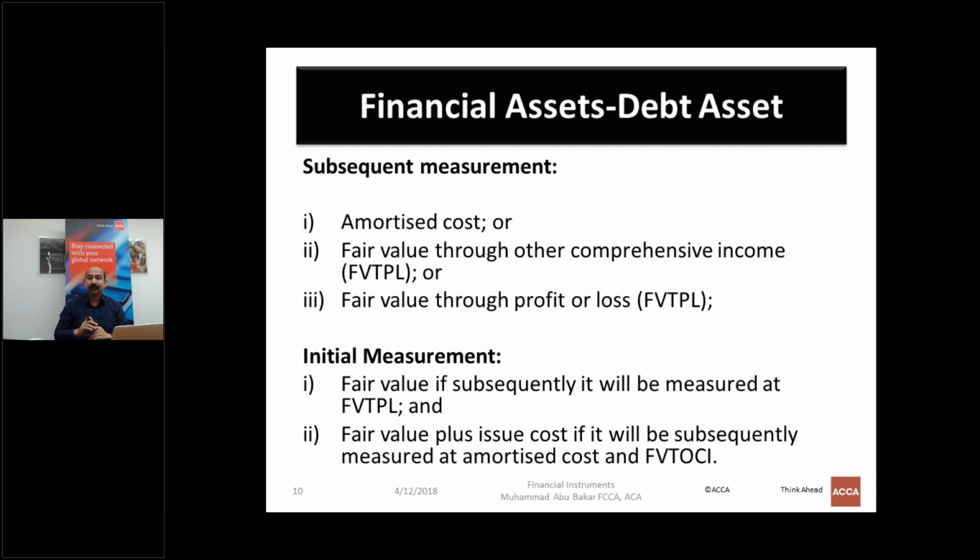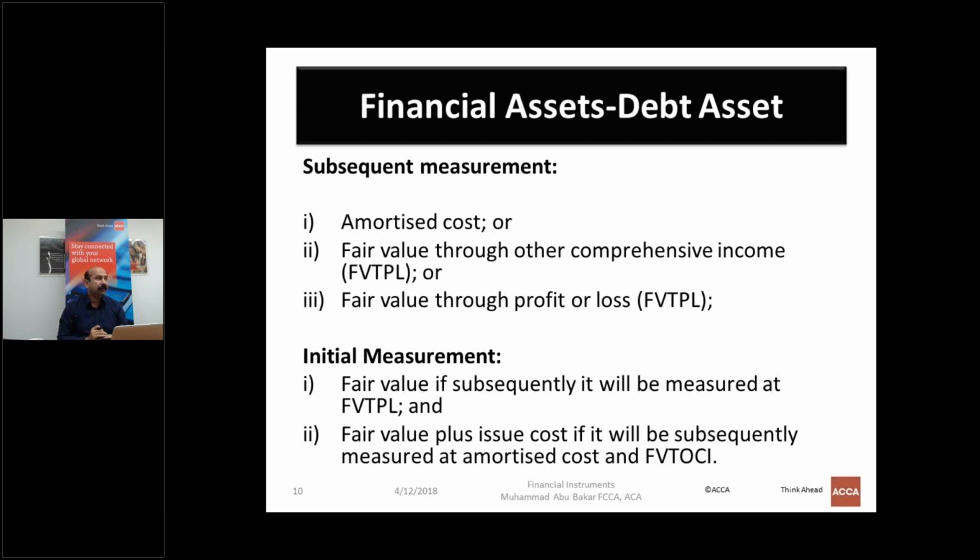In that case, you will be calculating the fair value of that financial asset using the criteria given in IFRS 13. That is, fair value should be based preferably on open market value, an active market of the identical asset, or based on valuation techniques that use data from the observable markets. These are the guidelines given by IFRS 13.